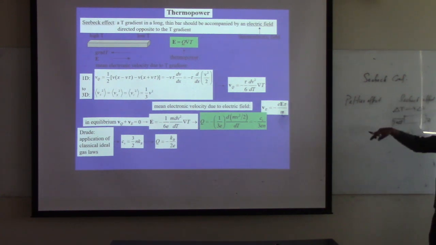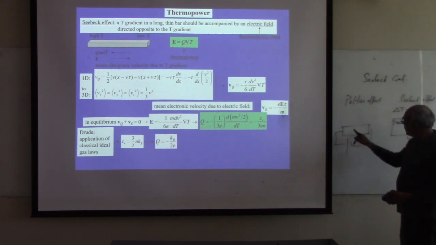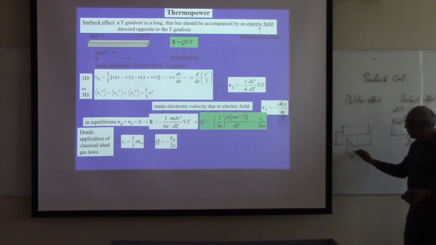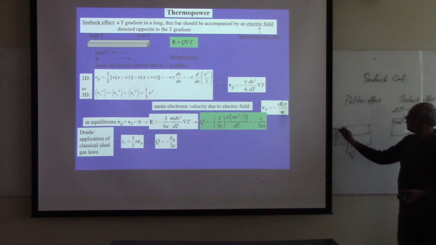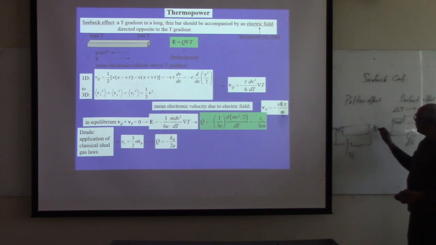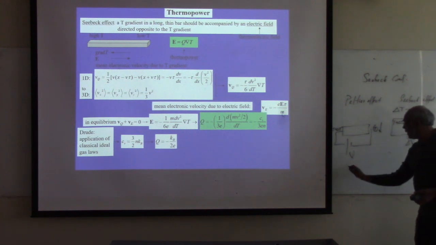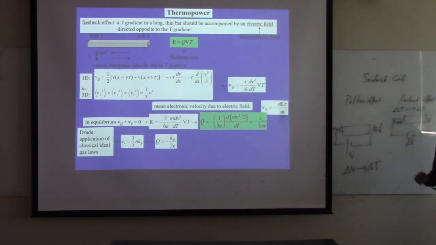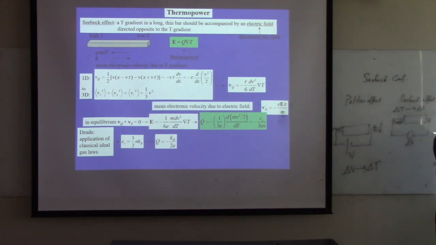Peltier is the opposite of that. If I can apply or maintain some voltage difference across a material, I give the power, then with respect to one end, I can cool the other end, right? So now, given delta V, I can create a delta T. The same thing we showed you.